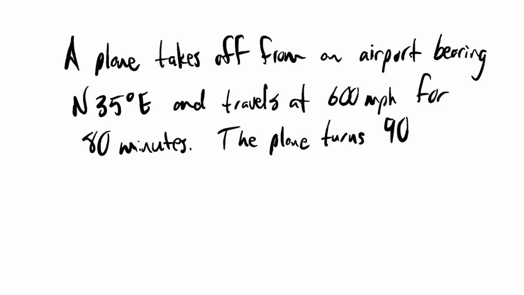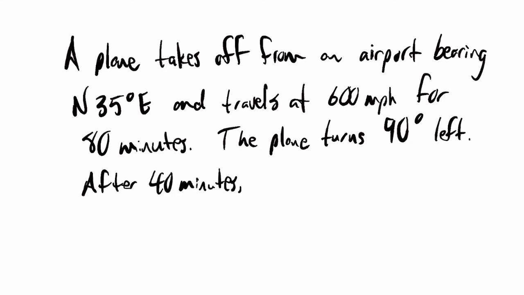That makes the whole problem a little bit more doable. So it turns 90 degrees. Let's say left. After let's say after 40 minutes, at what heading is the plane from the original airport?